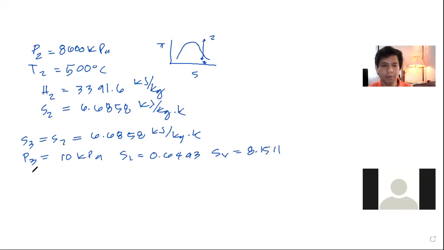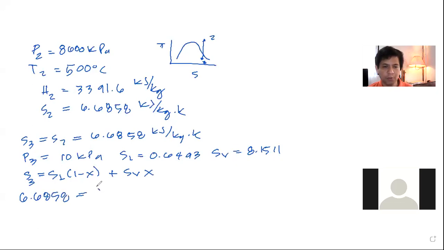So, basically, ang gagawin natin is gagamitin natin yung quality equation: S is equals to SL times 1 minus X plus SB times X. So, substitute lang natin dito yung values. This is S3. So, S3 is 6.6858.